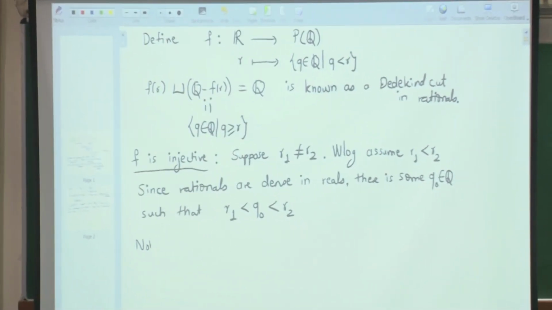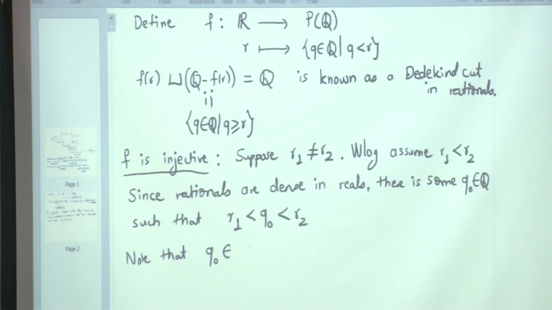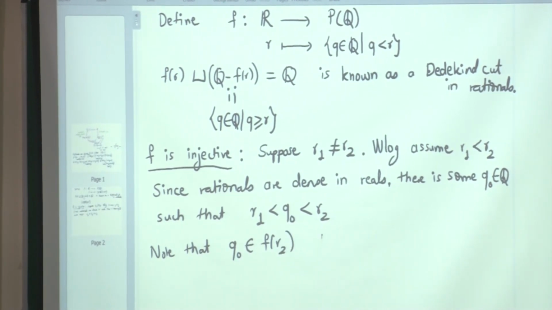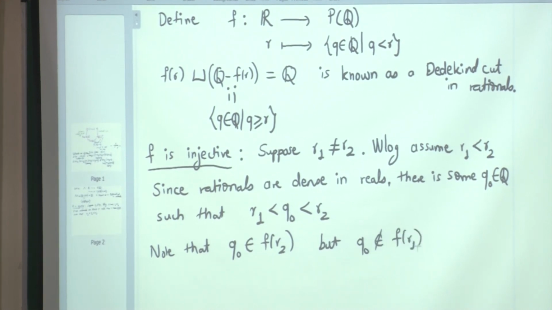note that q0 belongs to f of r2, but q0 does not belong to f of r1, because f of r1 is the collection of all rationals which are less than r1. Well, q0 is bigger than r1, so it is not in f of r1, and q0 is less than r2, so it belongs to f of r2, and therefore f of r1 is not equal to f of r2.